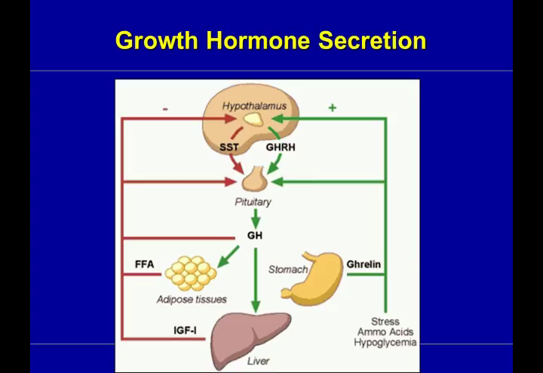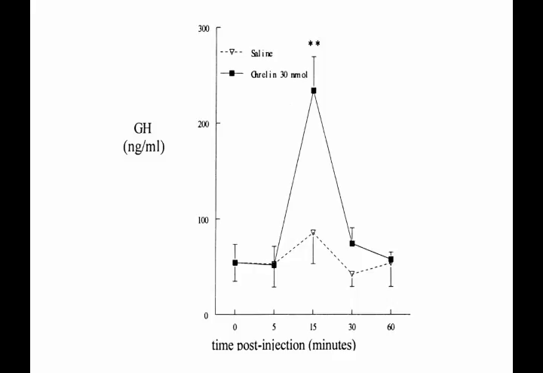And then they looked at where it was in the body, and it turned out to be in the stomach mainly. Furthermore, when they gave it to people, growth hormone went up very much, but the people also gained large amounts of weight. We now know that it's secreted from the stomach when your stomach is empty, and it goes down when your stomach is full.